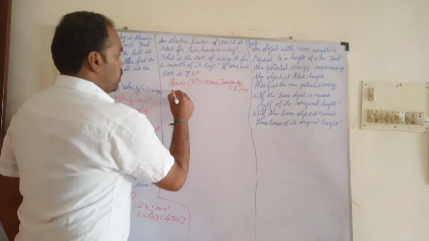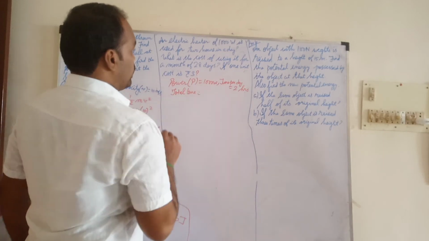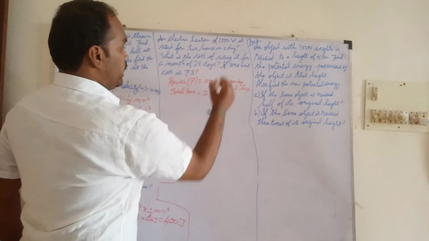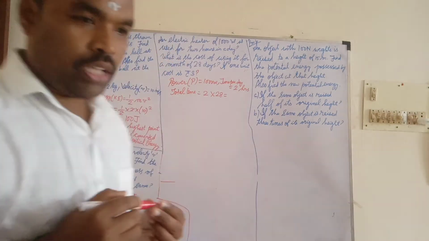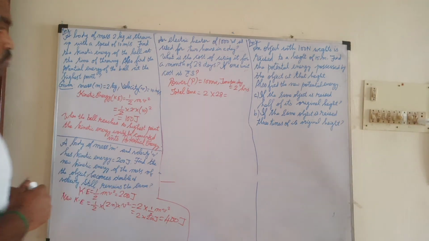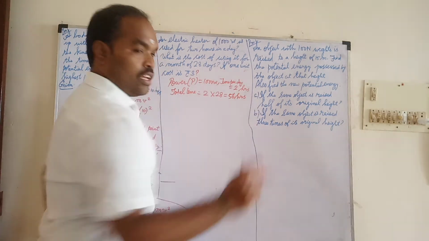So total time how much? 2 hours per day, for 28 days how many hours it will come? 56 hours.